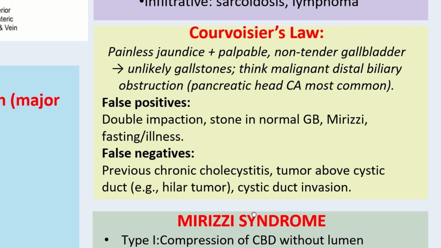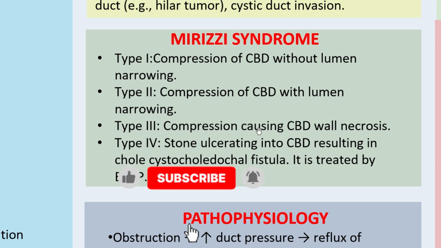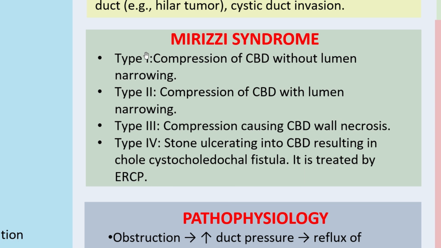So we look at Mirizzi syndrome. Mirizzi syndrome is when you have a stone within the gallbladder that is compressing on the lumen of the CBD, the common bile duct, and this occurs when the stone is within the Hartmann's pouch. In type 1, we have a stone in the Hartmann's pouch compressing the CBD, but the lumen is still patent, with no obstruction to the passage of bile.